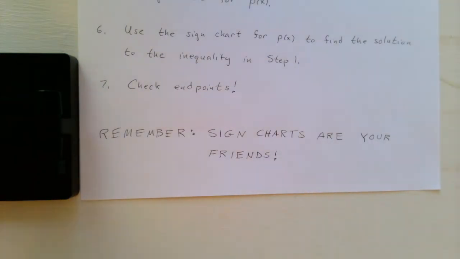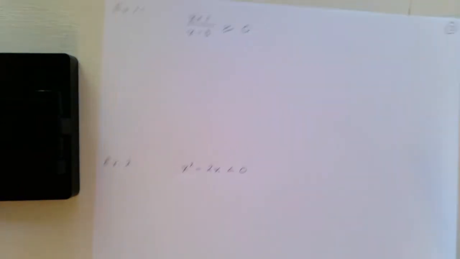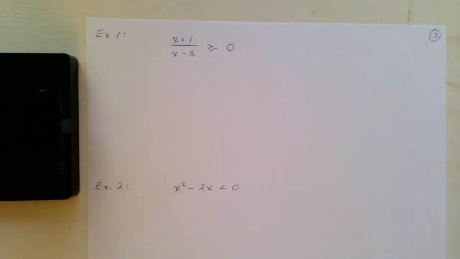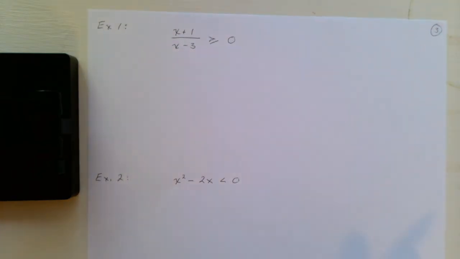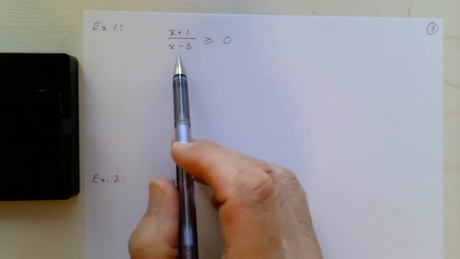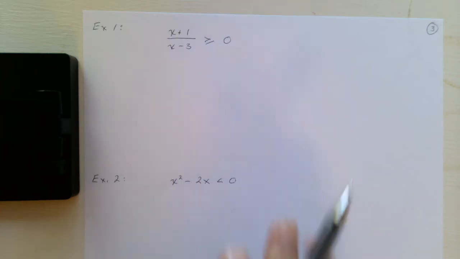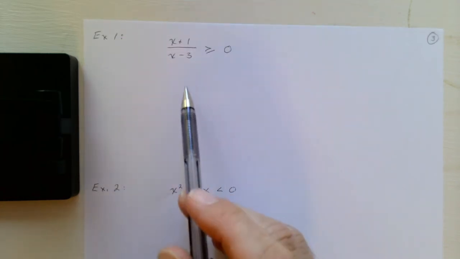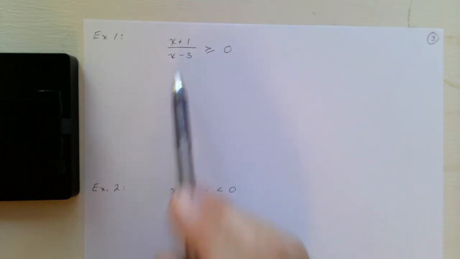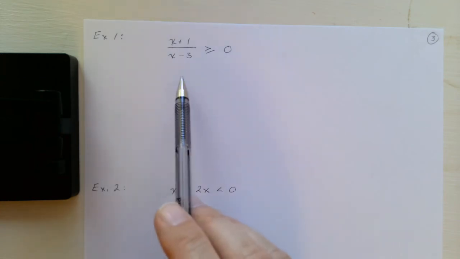So let's look at maybe one example in this video. Here we have a rational function that's greater than or equal to 0. So the first step is already done, and the second step is already done.